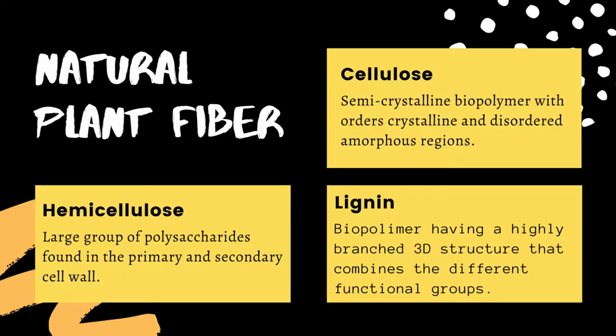Natural plant fibers can be found in the stem, leaf, root, fruit, and seed of a plant. This fiber is composed of cellulose, hemicellulose, lignin, other lipids, and water-soluble compounds. What is cellulose? Cellulose is a semi-crystalline biopolymer with ordered crystalline and disordered amorphous regions.